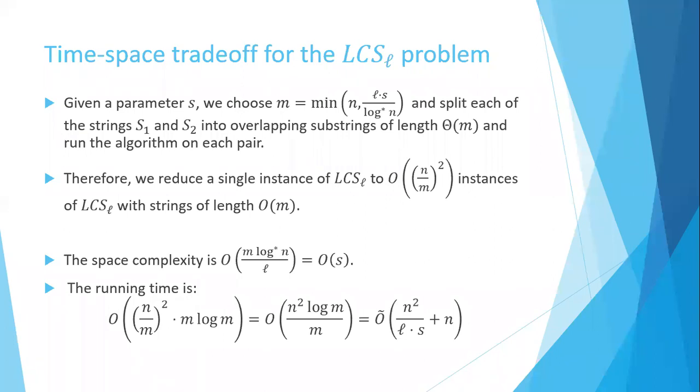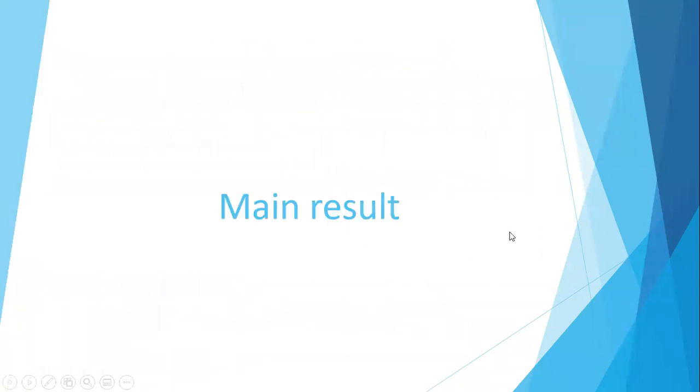So now we have (N over M) squared pairs, and each pair is calculated over a string of length order of M. Therefore, the space complexity, if we are looking at the previous LCS_L solution, is order of M log star N over L, which is basically order of S. And the running time, because we are going over all the pairs, and for each pair it's M log M, ends up being O tilde of N squared over LS, plus N, of course, because of the minimum. And this ends up to be the main result.